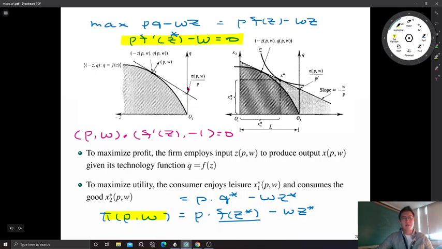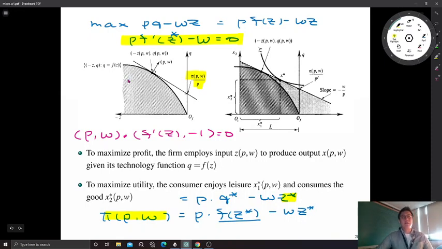The y-intercept means Z star is 0, and then Q star is the y-intercept. The coordinate of the y-intercept is going to be the profit function divided by P. So the y-intercept indicates the level of profit divided by price.